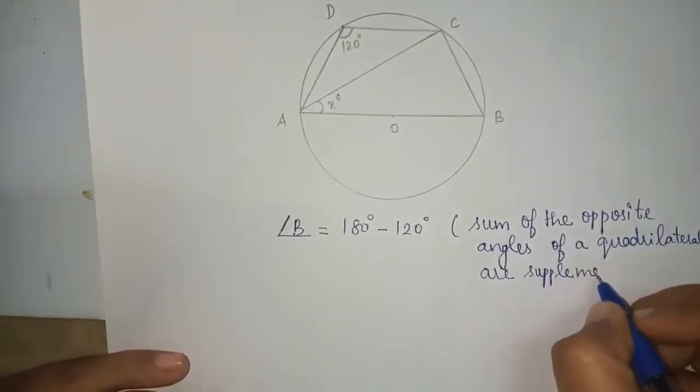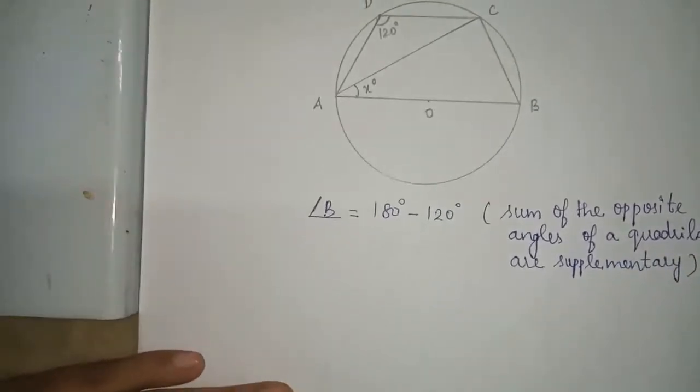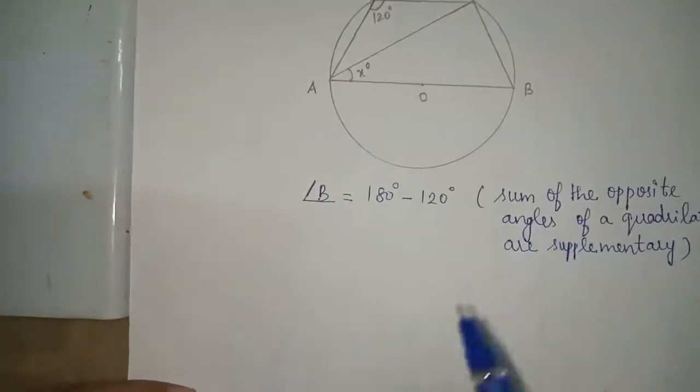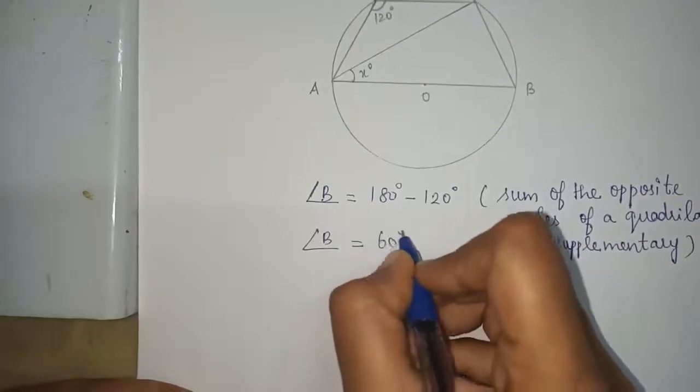So we have already seen the result. If we add those two angles, we should get 180 degrees. So that is what is called the sum of the opposite angles of a quadrilateral being supplementary. So now from this we get angle B is equal to 60 degrees.